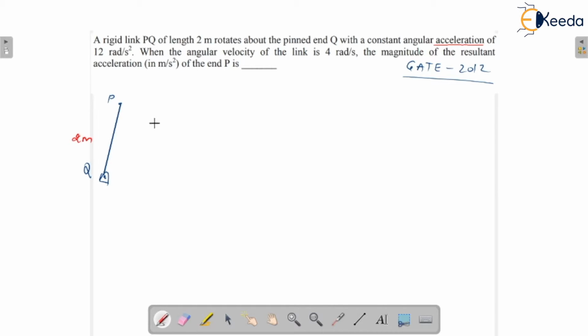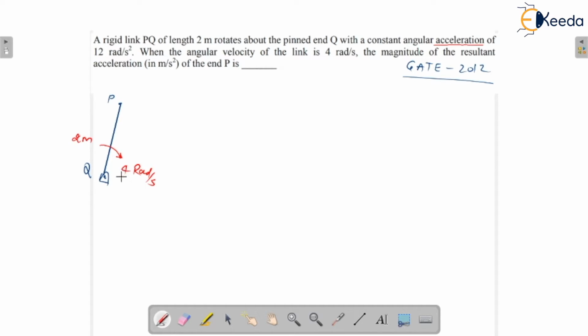See, we know that the tangential acceleration is r alpha. For example, the angular velocity direction is clockwise. Because direction is not given here, I will let you know the importance of direction.